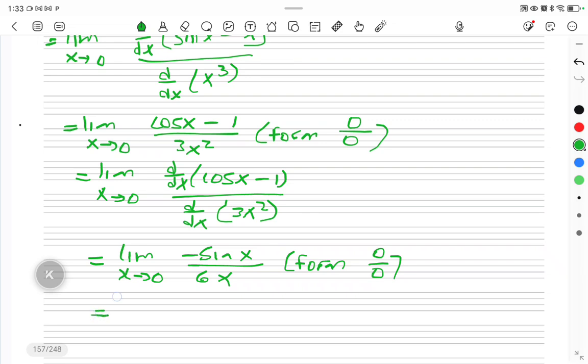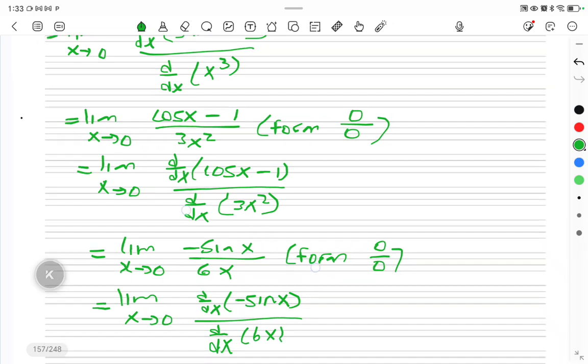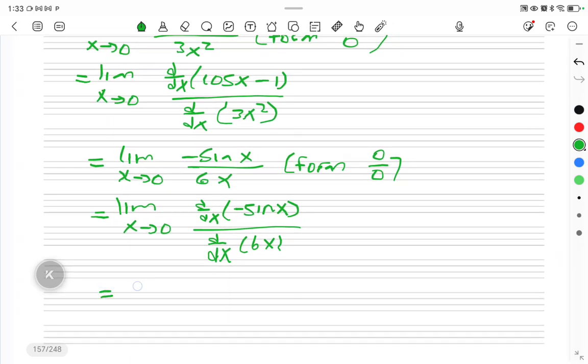So I can derive again: d over dx of minus sine x over d over dx of 6x. So this will be minus cos of x over 6.